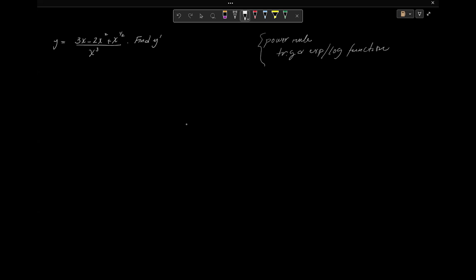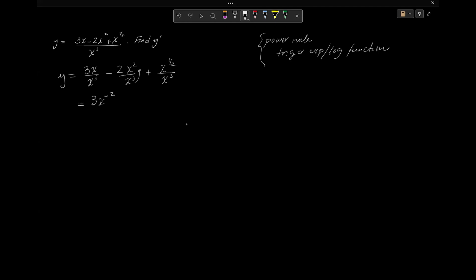So all these terms are divided by x cubed, and we can break it up. Now we simplify here a little bit. Actually, we could just do it in one shot. Bring the x cubed up, it becomes x to the negative 3, and I have a 1, so that's 3x to the negative 2.